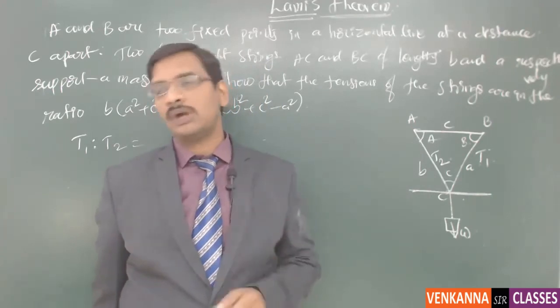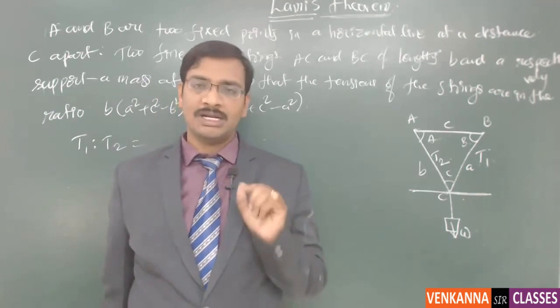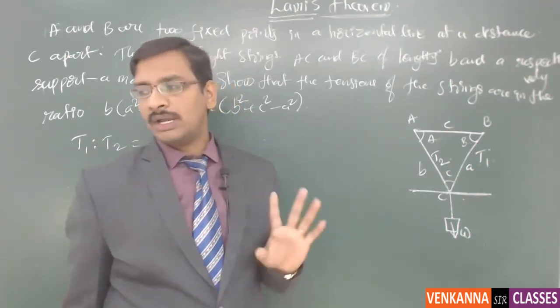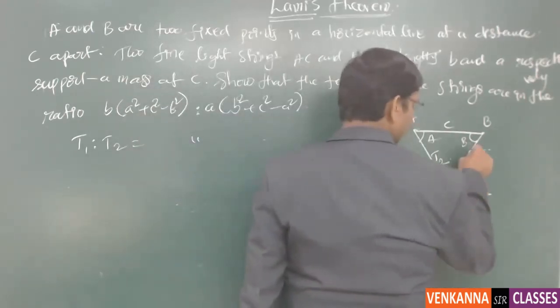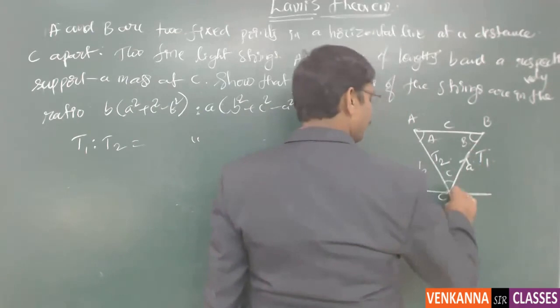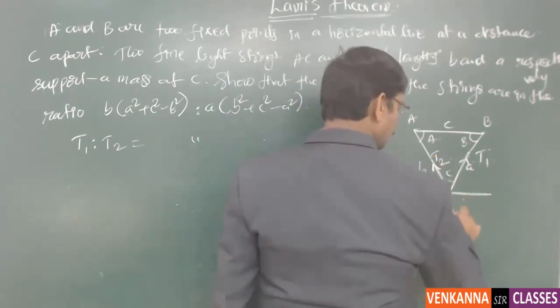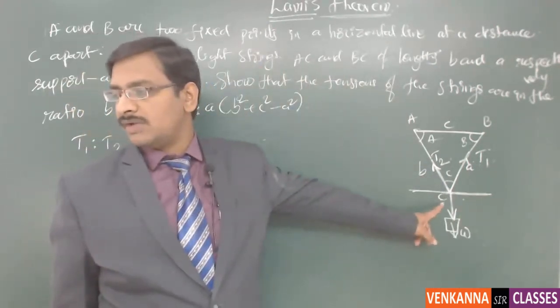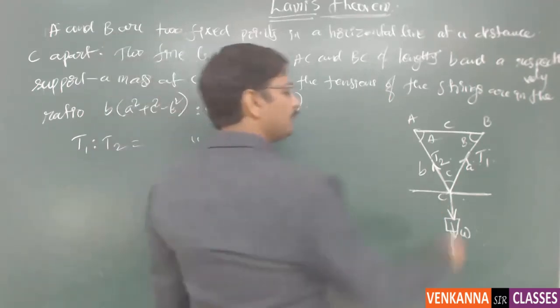In Lami's theorem, the fundamental quantities are the angles between the three forces. Here, one force is the tension in the string in this direction, another is the tension in the other string, and the weight acts towards the bottom. So there are three forces, all under equilibrium at this point. This is the angle C.